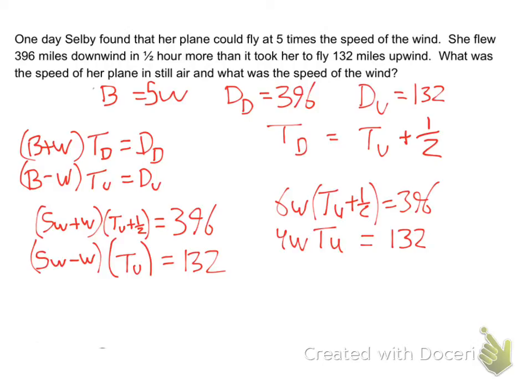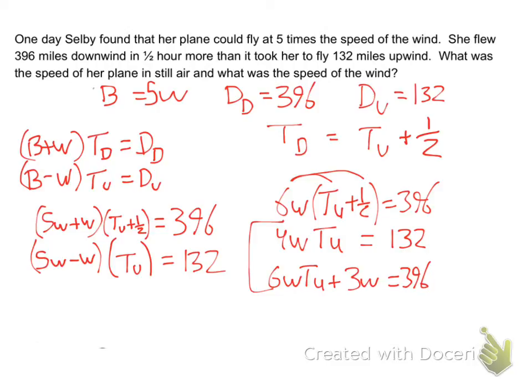What should I do with that 6W? I need to distribute. So I'll get 6W TU plus 3W equals 396. Those 2 equations are what we're going to use.